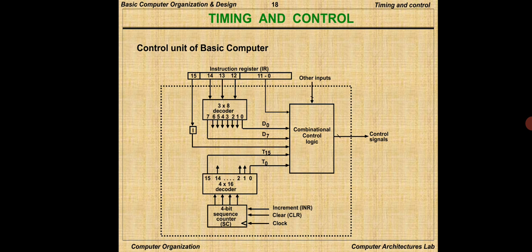Based on the D0 to D7 value, that particular operation will be selected and performed for the address value. In the instruction register there are 12 bits of address value; based on those 12 bits it gets the data, performs the operation and gives the control signals.